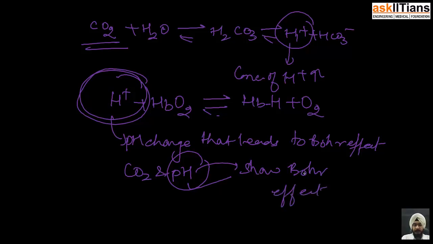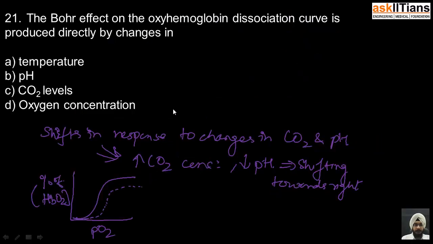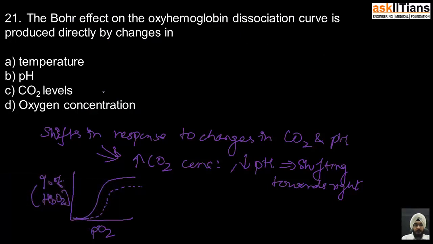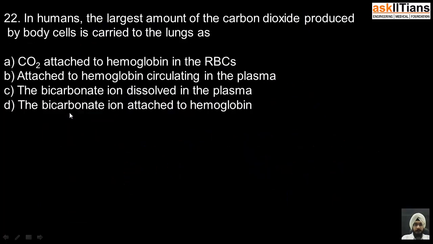Carbon dioxide will also show Bohr effect, but through pH only. So the answer will be pH, which is option B. Remaining options are incorrect. Let's move on to the next question.